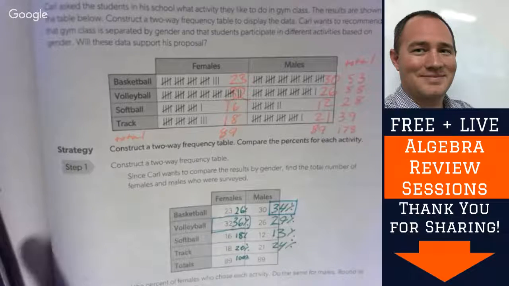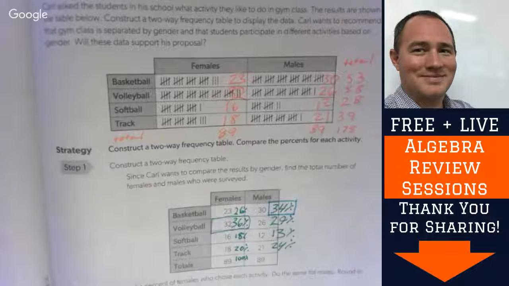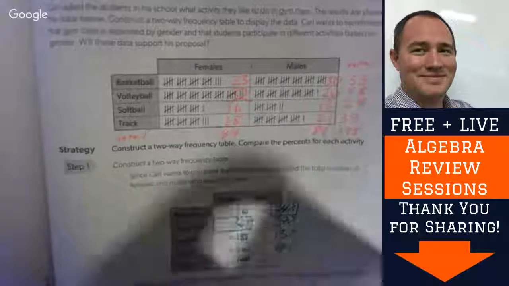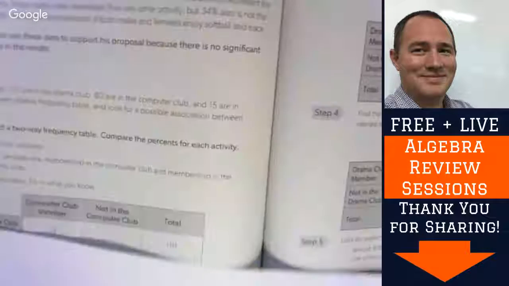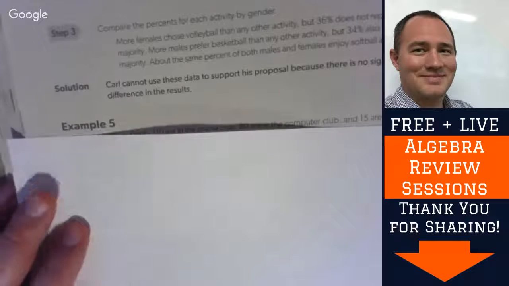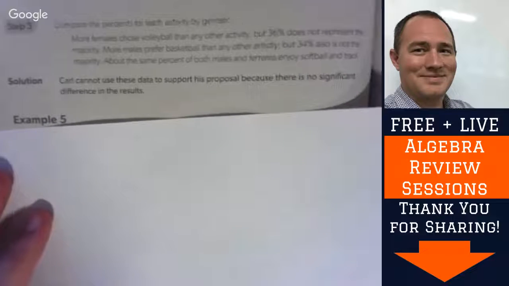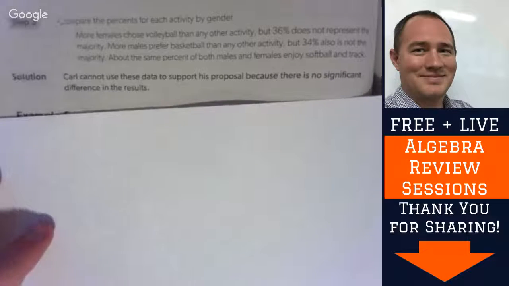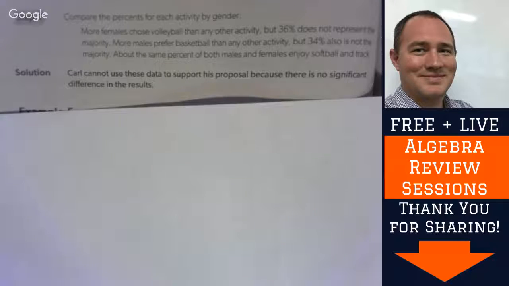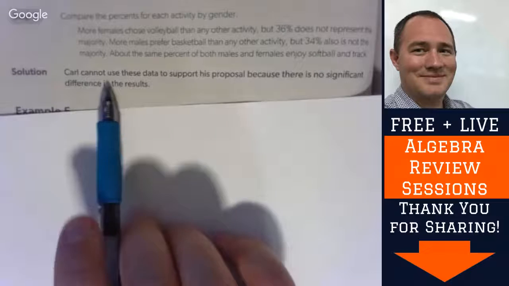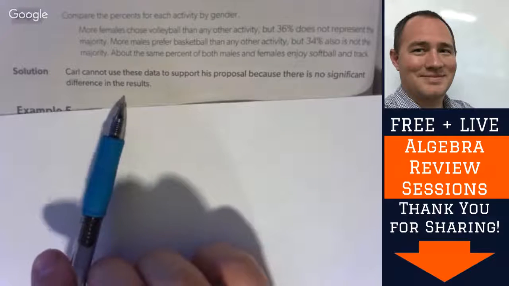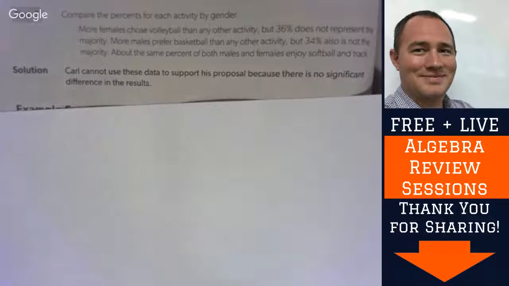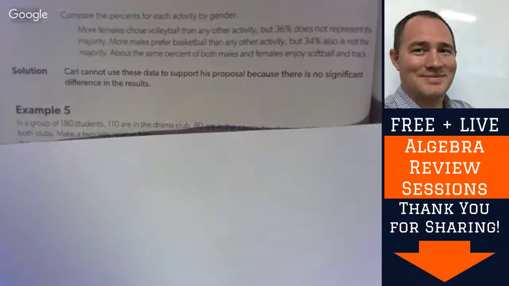But this is a pretty even split down each of the 4 sports in both genders. So I would say it's probably not a strong justification to do so. Let's see what the book's proposal was. This is saying Carl could not use this data to support his proposal because there's no significant difference in the results. So we agree there.